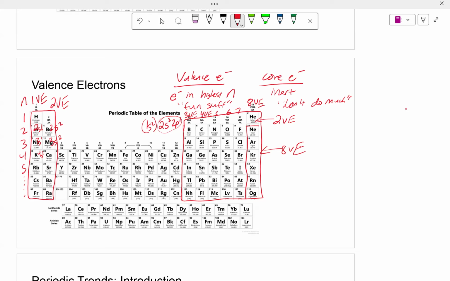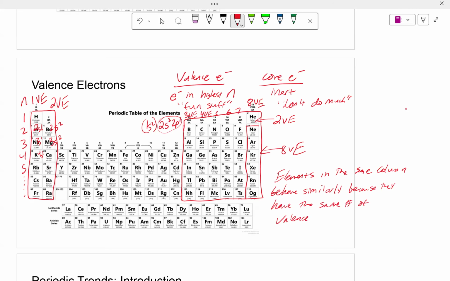And when it comes to why atoms in the same column act very similar, elements in the same column behave similarly because they have the same number of valence electrons.